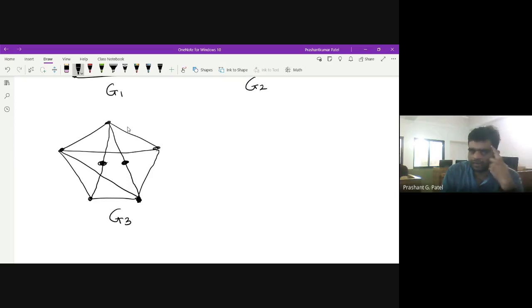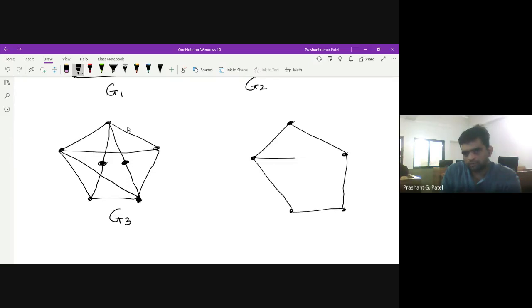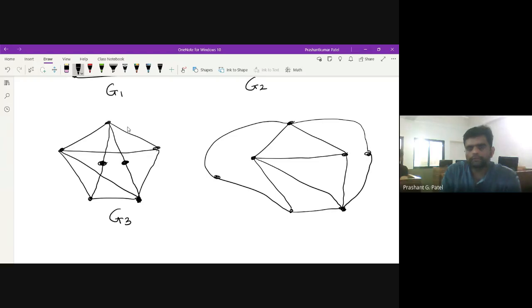So this is not a plane graph, but we can draw that as a plane graph. So if you have these 5 vertices already there, we'll plot that one first. And these 2. And then we'll plot this in this manner. This is G4. So this is a plane graph. And this is a planar graph. It is not a plane graph.